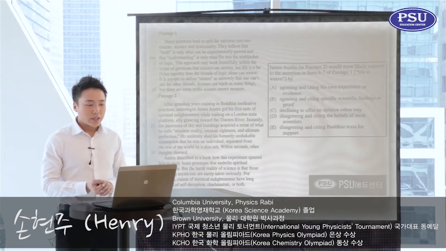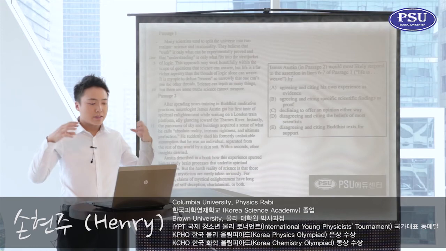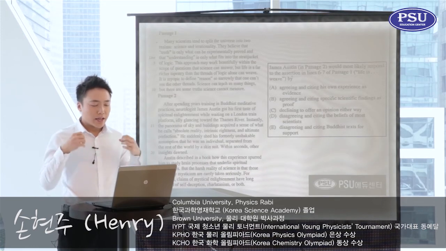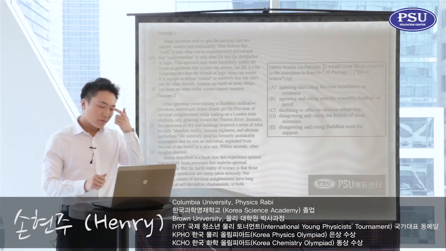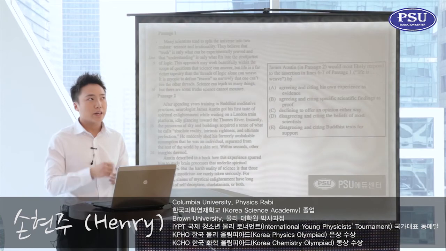Now, James Austin is someone who has had this spiritual enlightenment and has attributed knowledge to it. So he will believe that science by itself cannot define truth. Truth has other realms that are not scientific, not experimentally proven, and not logical.